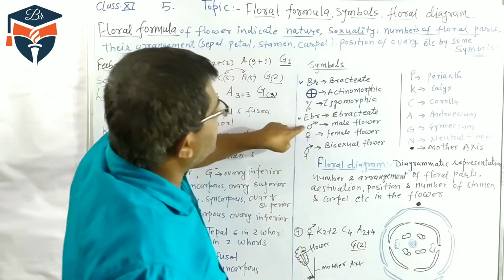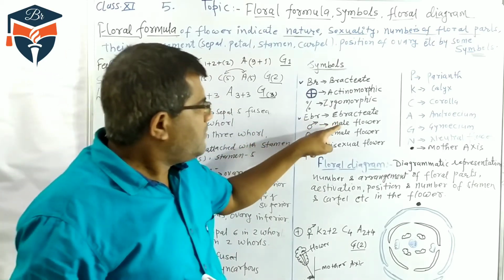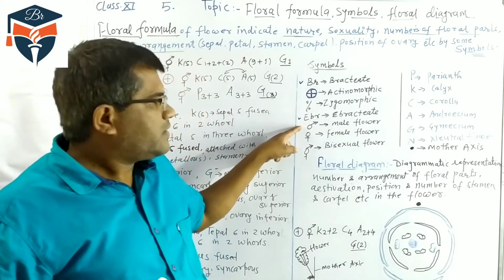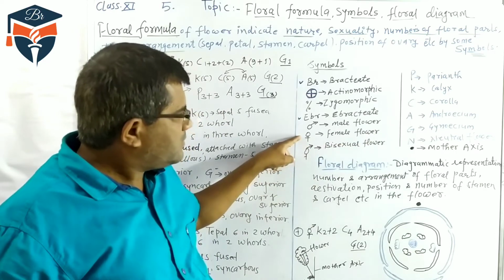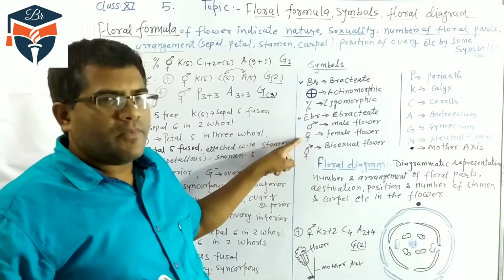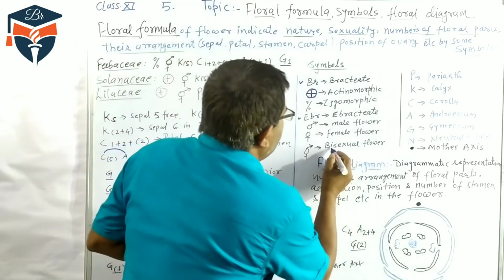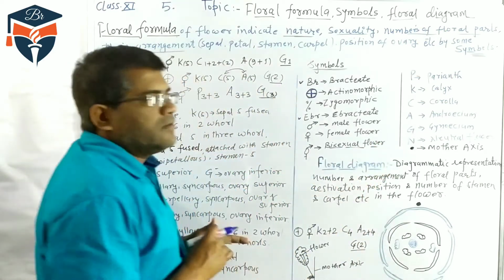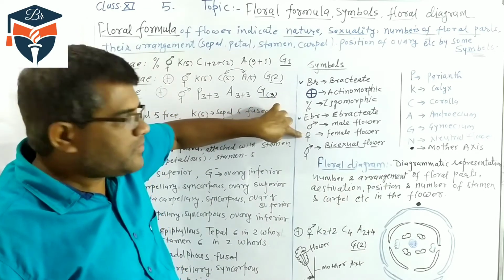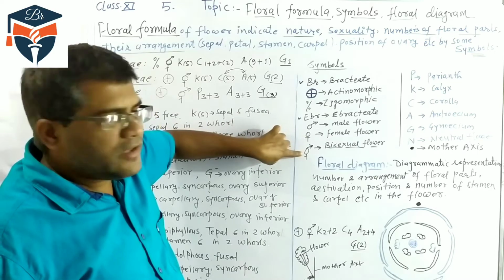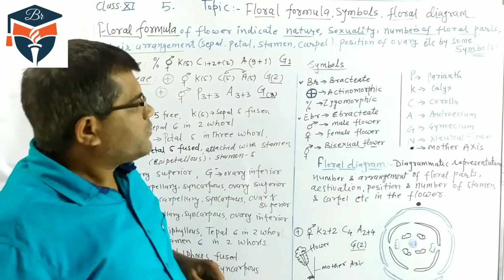Then this symbol indicates a male flower, a staminate flower. If only a male flower is present, we indicate it by this symbol. A female or pistillate flower is indicated by this symbol. If both male and female parts are present, this symbol indicates a bisexual flower.